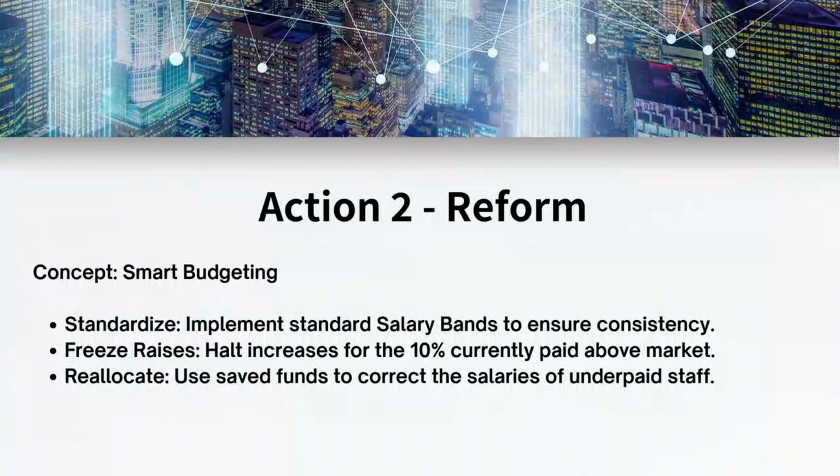And action 2 is reform and standardize. Implement standard salary bands to ensure consistency, freeze raises, halting increases for the 10% currently paid above market, and reallocate, using saved funds to correct the salaries of underpaid staff.